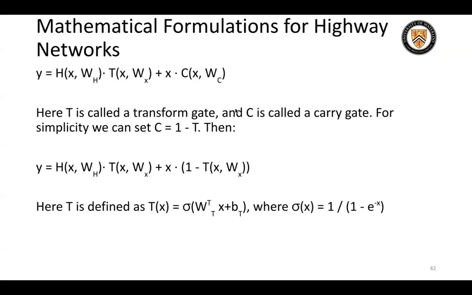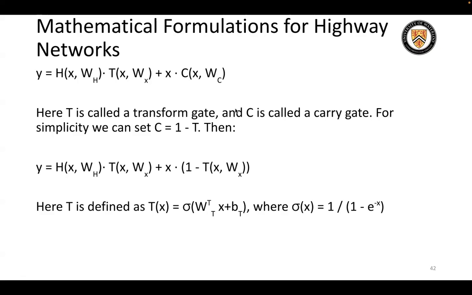Now let's look at the mathematical formulation. Specifically, the output Y is equal to H, which is a neural network that takes the input X and the matrix WH. We multiply this H by T, called the transform gate, which is applied on X and some matrix WT. We add this to another gate C, called the carry gate, which is simply X times C of X, WC.